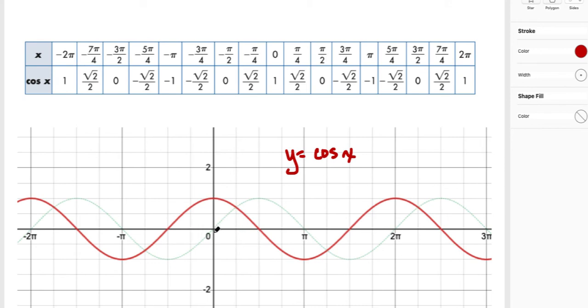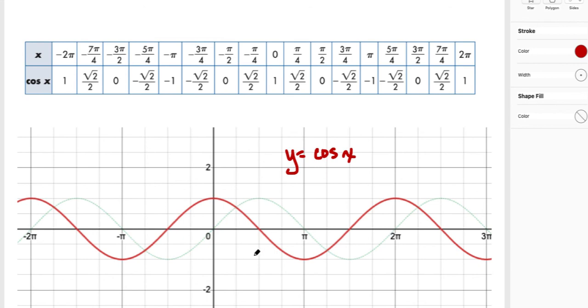So instead of starting at the lowest point, cosine starts, if I'm considering the value at 0 to be the beginning, at 1, and then it goes down and it comes up. We'll see all the same things in terms of this continuation, the period being 2 pi, just as the period for the sine curve is 2 pi.